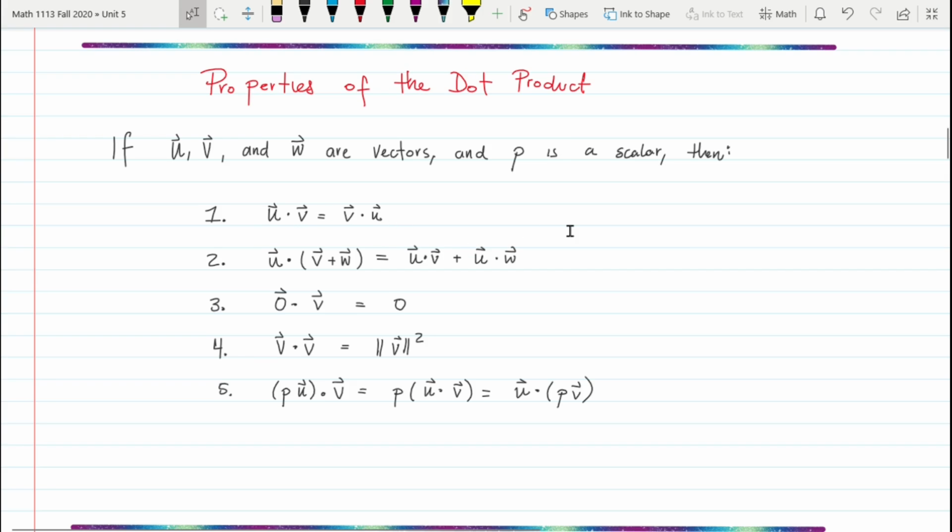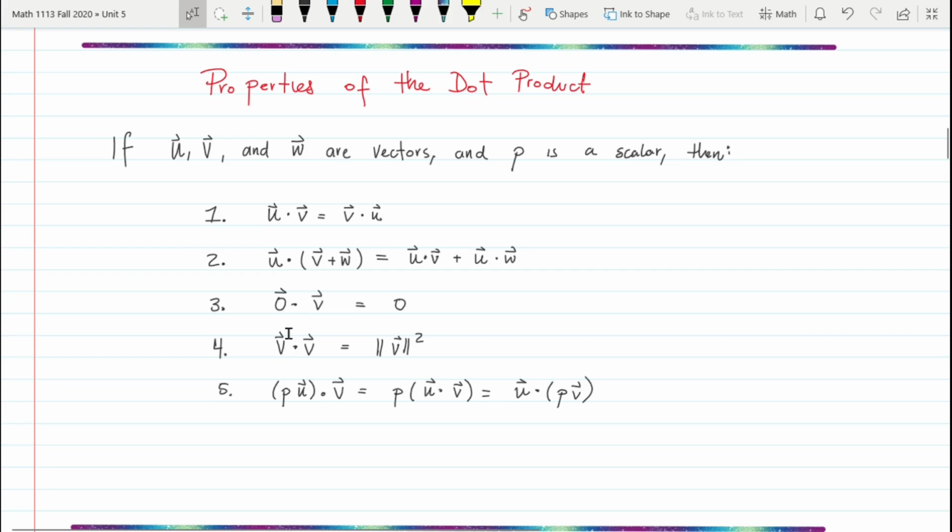The order in which you dot the vectors doesn't matter. It's true in either direction. Then, if you do the dot product of u with the sum of two vectors, it is the same thing as u dot the first plus u dot the second vector. Kind of like a distributive property, it behaves very similarly.